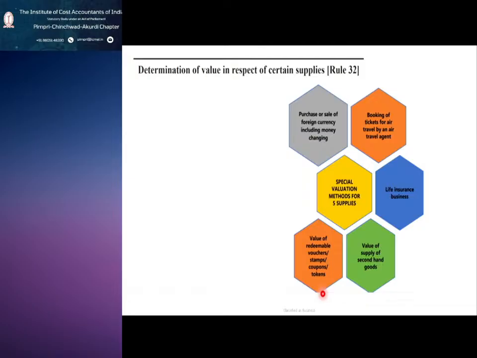If you are not able to identify, if there are multiple items, suppose from the company you get a coupon that you can purchase mobile or gas stove or groceries or shirts, pants, anything, then it is not identifiable which item you are going to purchase out of that coupon. The same concept applies here, value of redeemable vouchers, stamps or coupons or tokens.